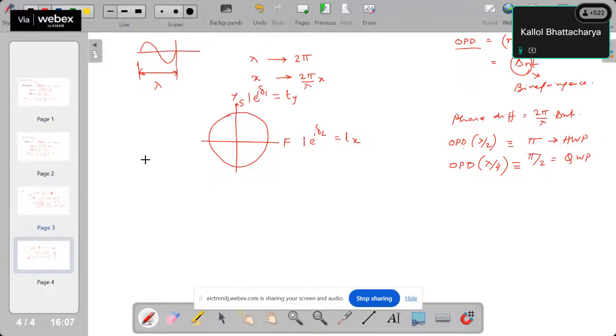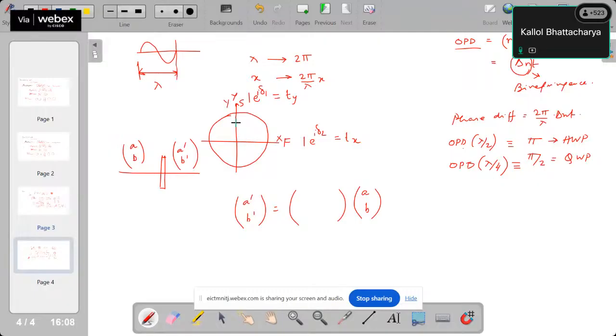Therefore, let us say we have a general polarizing device where the input is A, B and the output is A prime, B prime. Then A prime, B prime is equal to some Jones matrix times A, B. Now we know that the polarization of these A and B are along the x and the y axis.